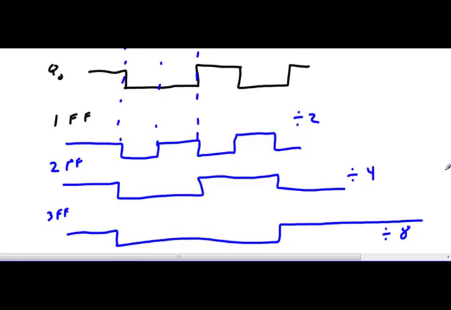Okay, so I go low, and I stay low for 2 clock pulses. I then go high, I stay high. Okay, so from the time that I go low the first time on Q to the time that I go low the second time on Q, I use 3 clock pulses.